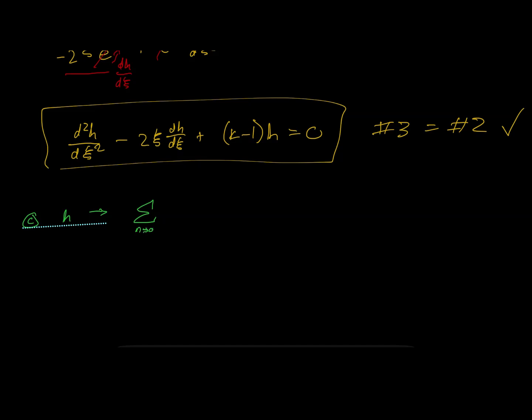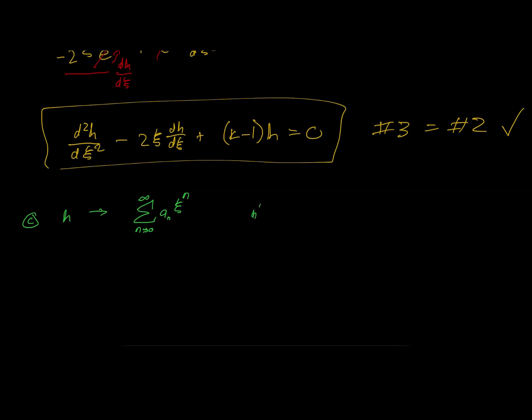We're going to say n equals 0 to infinity, and we're going to turn this into some a sub n times our variable, which is c, to the power of n. And we're just going to put it in our ODE that we've made.